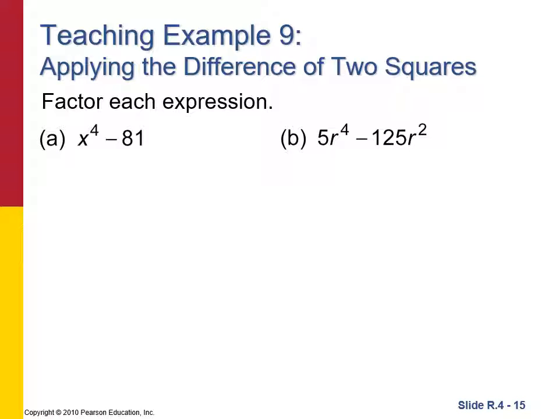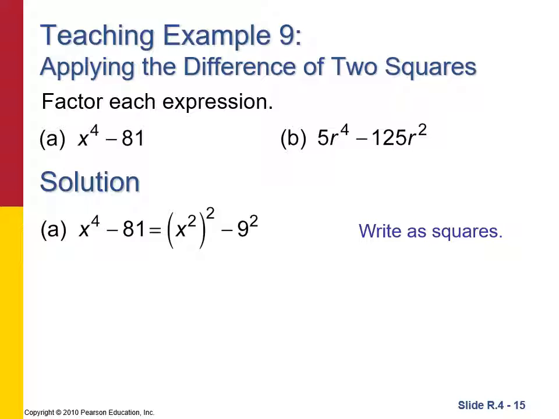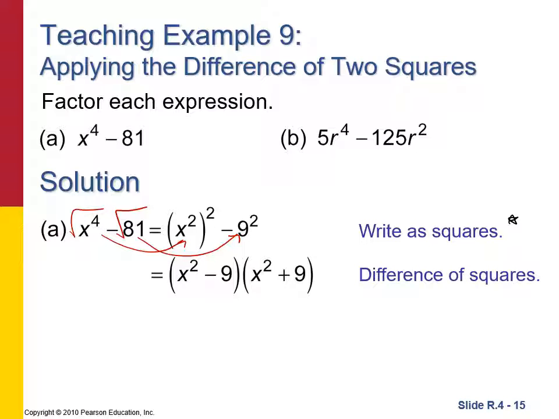Okay, so let's take a look at this, where the difference of two squares. All right, so we're going to do a few things. This first one says we need to write as squares. Let's get that in red so you can see it better. So notice we took the square root of each. The square root of x to the 4th is x squared, and the square root of 81 is 9. Okay, and then the difference is x squared minus 9 times x squared plus 9.